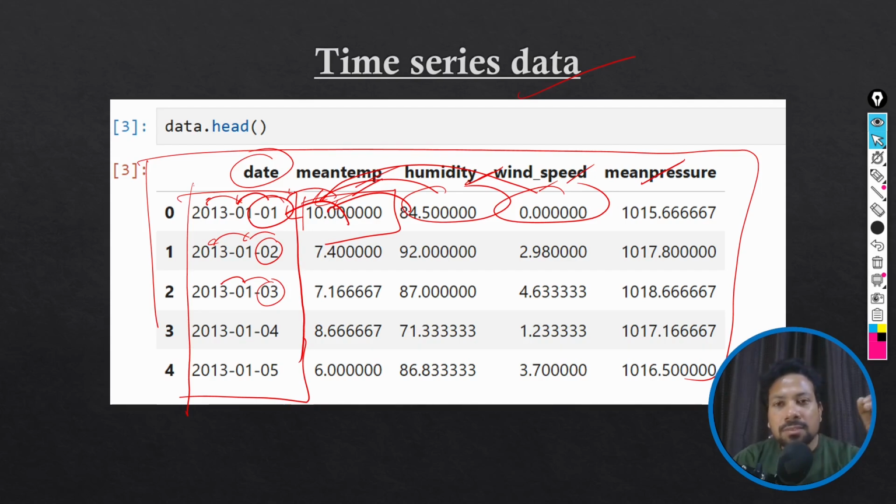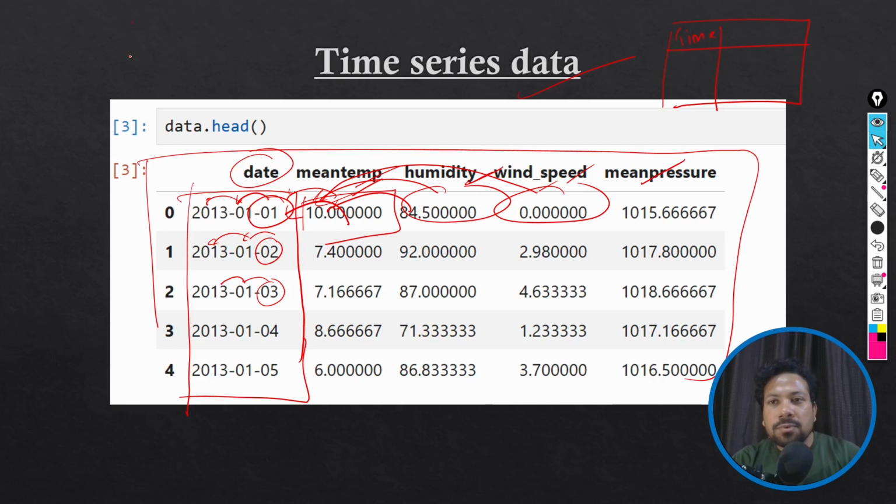So time series data is always going to be like this. Here I have a date column, but it might happen that you will get a data set where there is no date column. Instead of this, you might get time here. That kind of data is also known as time series data.